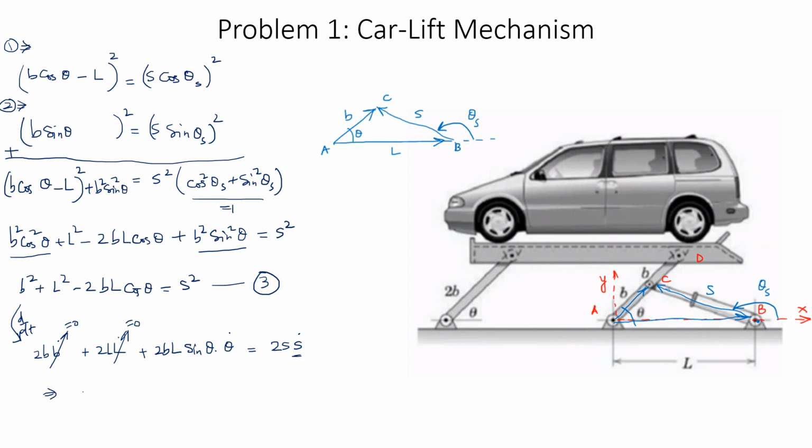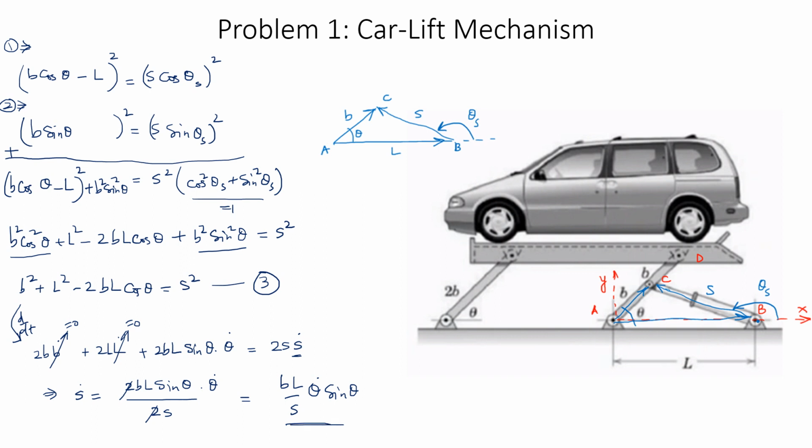So this would mean that S dot is equal to this whole term on the other side, 2BL sine theta theta dot, divided by 2S. The 2 can be cancelled, and I can write this term in a nicer form: S dot equals BL over S, theta dot sine theta.